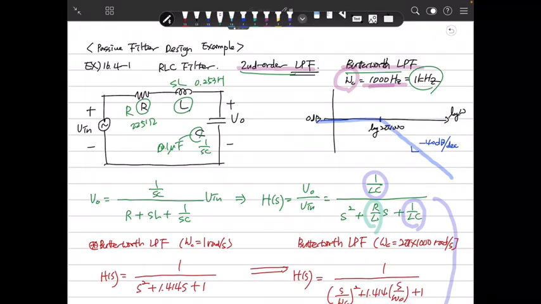We call this Butterworth. So a Butterworth filter could be an RLC filter, or a Chebyshev-type circuit. Using the circuit, you can make Butterworth filters.